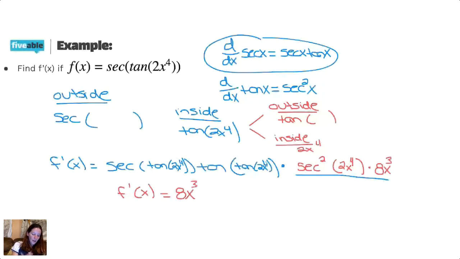So we're going to move that 8x cubed to the front, and then everything else just kind of tags along. I'm running out of room here, with how long it is.